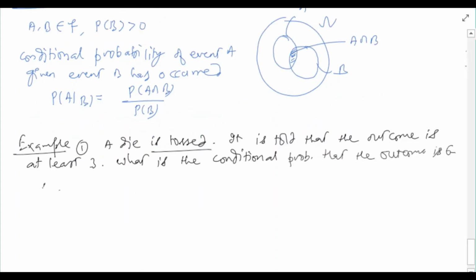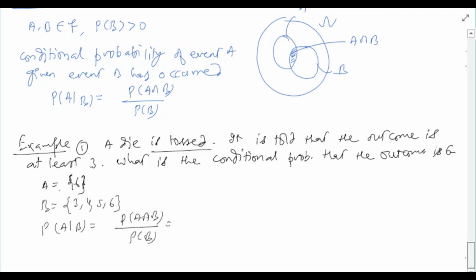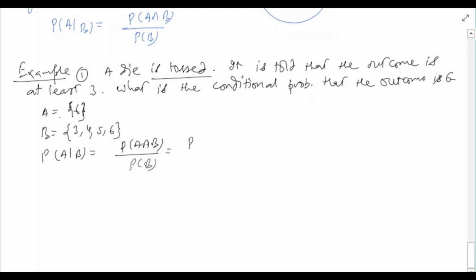Here, if I define event A to be the event that outcome is 6 and B to be the event that outcome is at least 3, then probability of A given B will be probability of A intersection B divided by P(B). A intersection B is same as A, so this becomes probability of A divided by probability of B. This becomes 1 by 6 divided by 4 by 6. This gives 1 by 4.